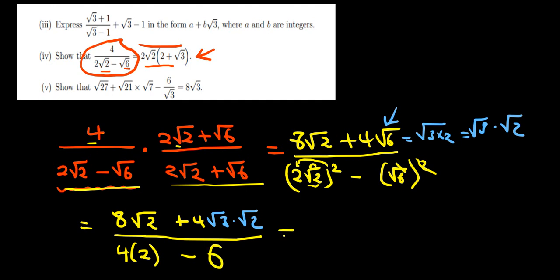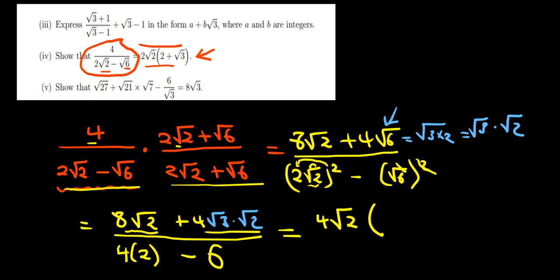So this is going to be equal to, on top there we are going to factorize 4 root of 2, because I can see I can factorize the 4 root of 2 from here. So I'm going to say 4 root of 2, and then in the brackets what are we going to remain with?